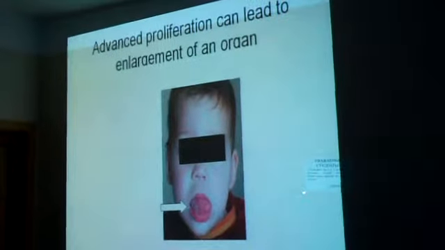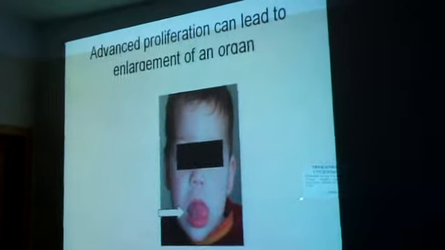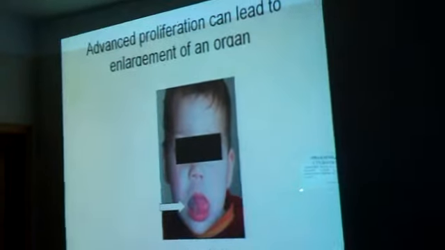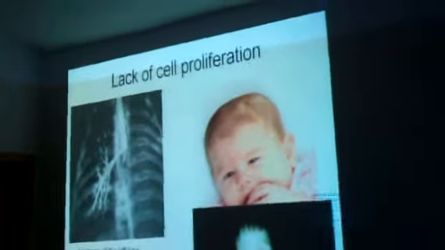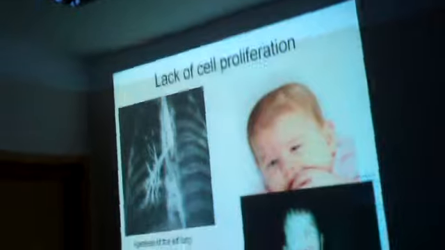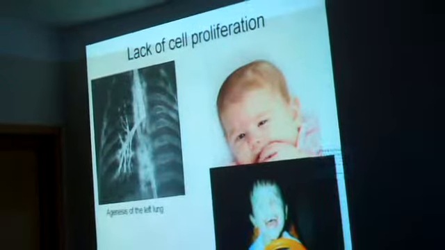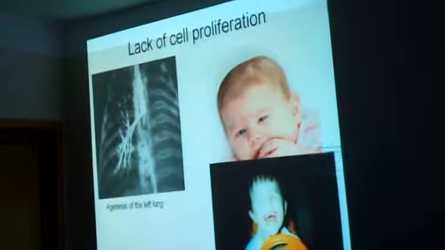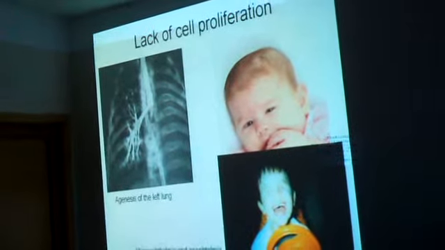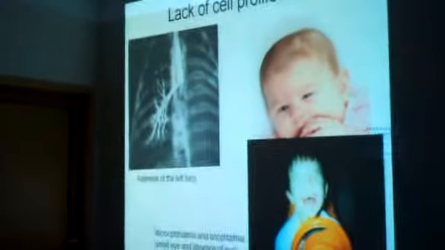For example, something very big, macroglossia. The tongue is very big. Or something small, microphthalmia or anophthalmia, no eyes, eyes are small, or agenesis of the lung.